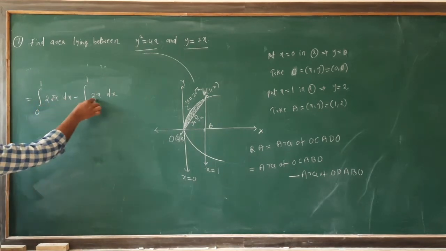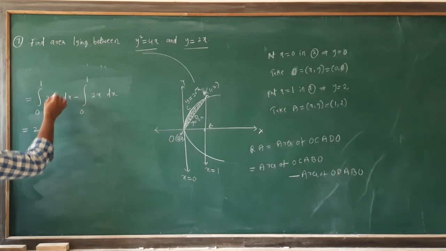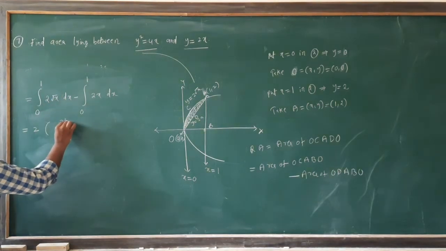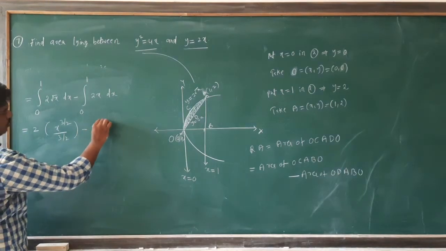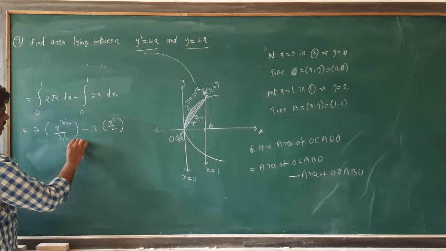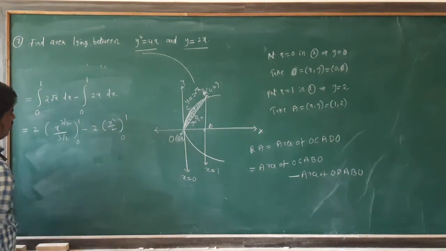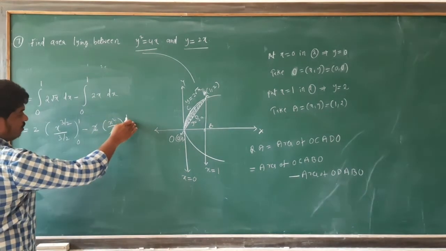Take 2 outside. 2 into the integral of x to the power 1 by 2 is x to the power 3 by 2 divided by 3 by 2. Minus 2 into the integral of x, which is x square by 2, with limits 0 to 1. Before applying limits you can cancel.